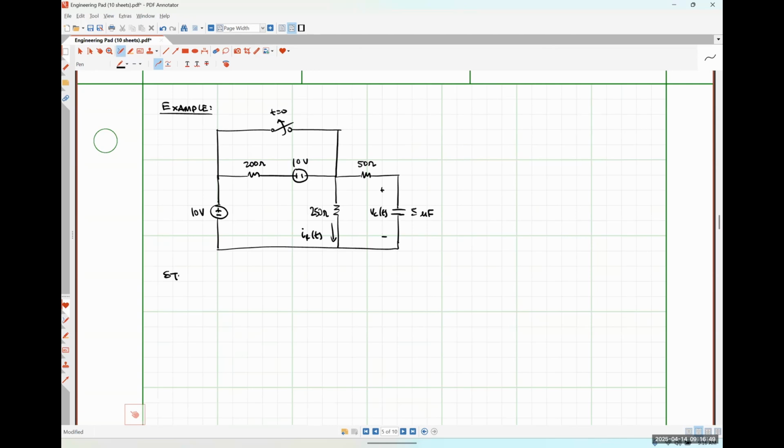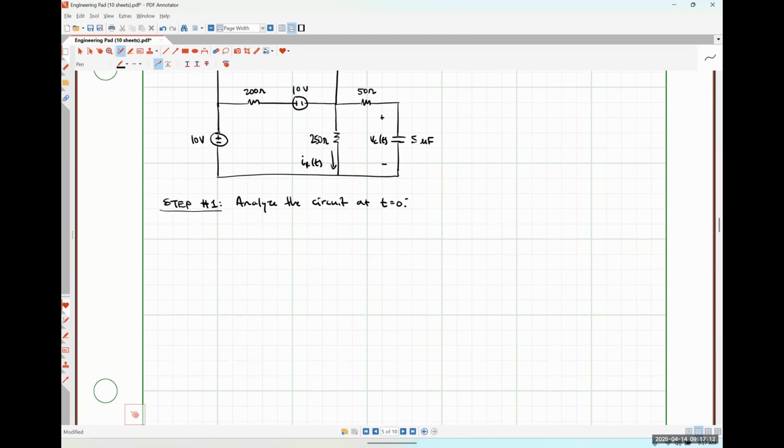So let's look at step 1. Analyze the circuit at t is equal to 0 minus. So at t is equal to 0 minus, our switch is closed. So our circuit's going to look something akin to this. So here's a 10-volt source, 200 ohm resistor, another 10-volt source.